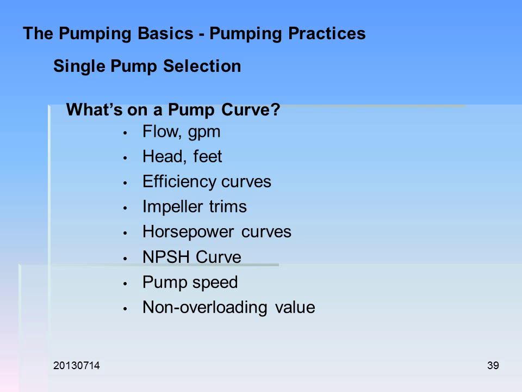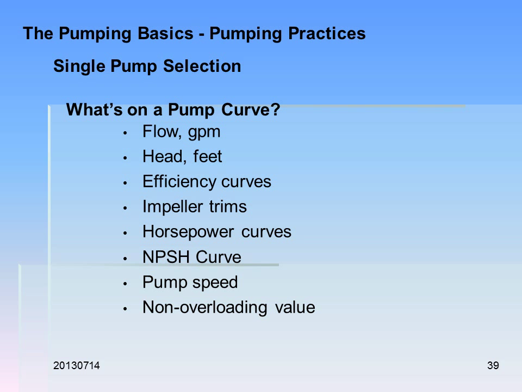What's on a pump curve? Pump curves are very important, but what should we look for on a pump curve? Well, we should see flow in GPM, head in feet. Efficiency curves, impeller trims, horsepower curves, a net positive suction head curve, a pump speed, and a non-overloading value.